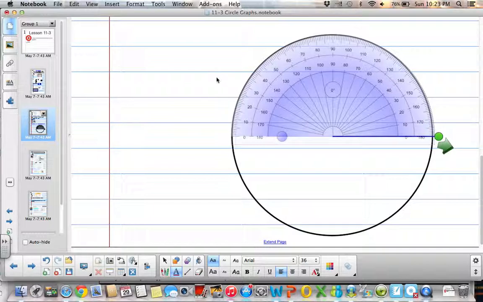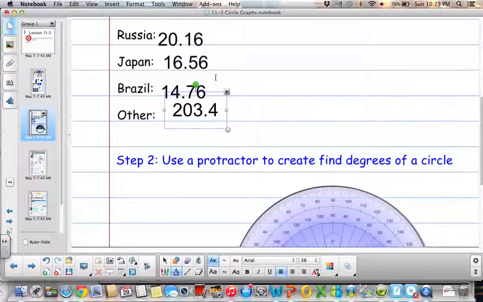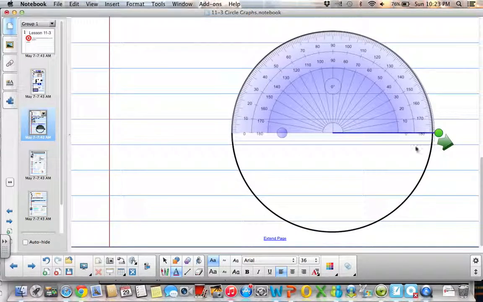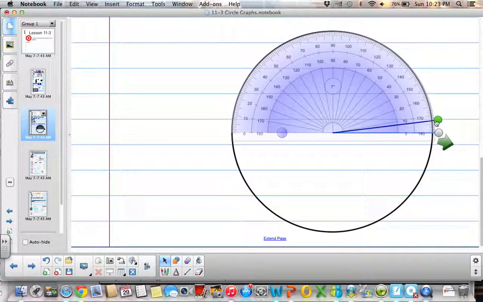So we're going to start with there. And Brazil, being our smallest, you'll take your protractor, and I'm going to make a section that is 14.4, so about right there.